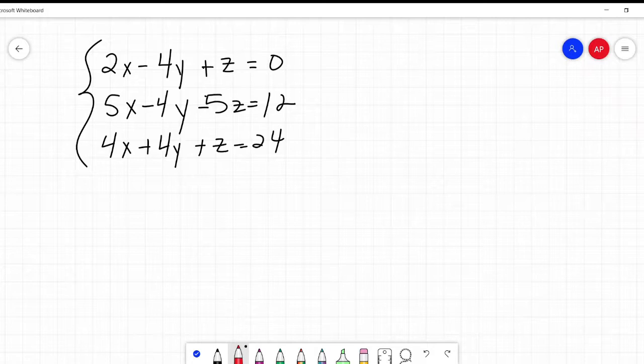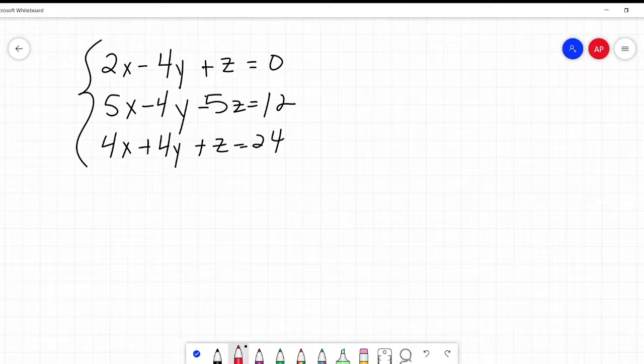You're going to pair them up and use elimination to get rid of one of the variables. After you've done that, you're going to pick 2 different equations from the set of 3 and eliminate the same variable. Those are the 2 key things you have to do. It has to be 2 different pairs of equations, and you have to be eliminating the same variable for this to work.